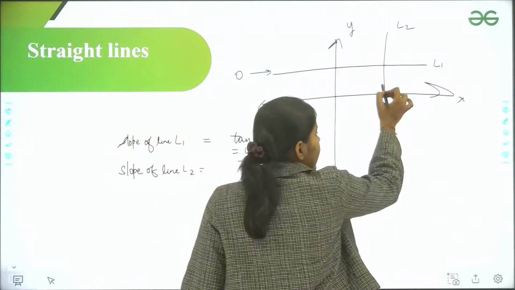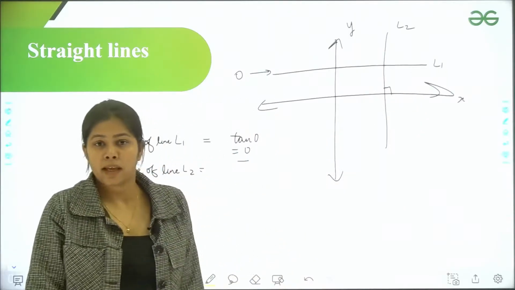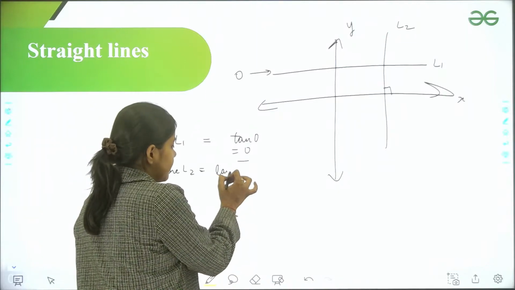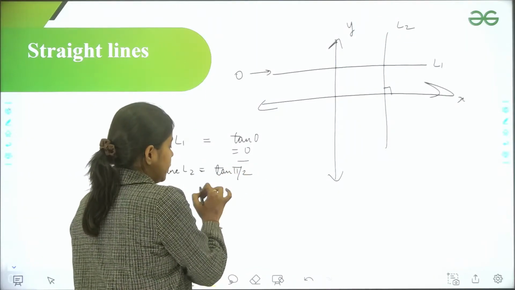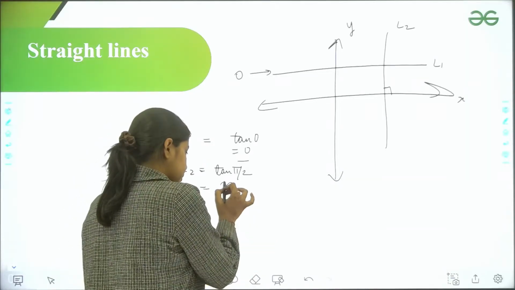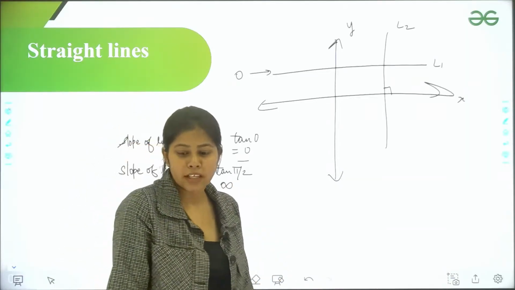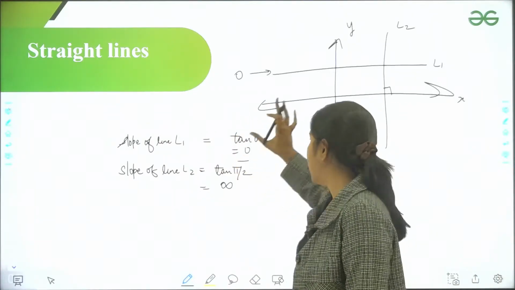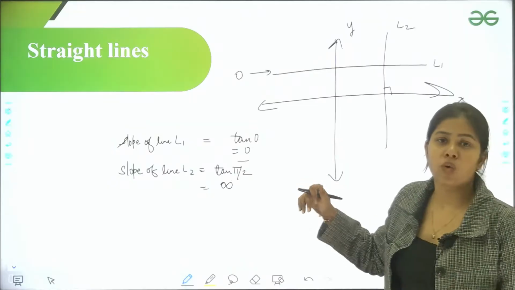So it would make an angle of 90 degrees here. So that means the slope would become tan pi by 2, and we know that tan pi by 2 is infinity. So this is infinity, right? So that's how we find the slope. Here I have found the slope using the angle. You can find it with two coordinates as well.